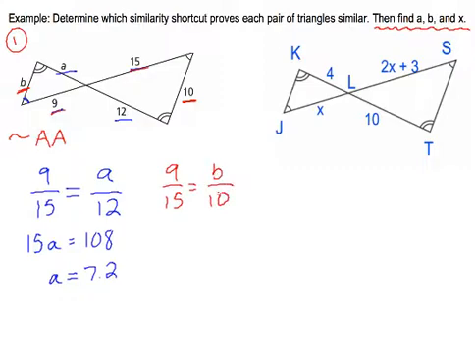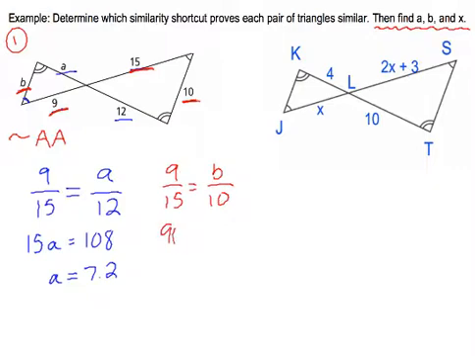Notice my order stays the same, right? If I do 9 over 15, I'm doing the left triangle over the right triangle. I'm going to follow that same order, left triangle over the right triangle, B over 10. Make sure that order is consistent to set up your proportion, but again, once you have your proportion, we can just cross multiply and solve.